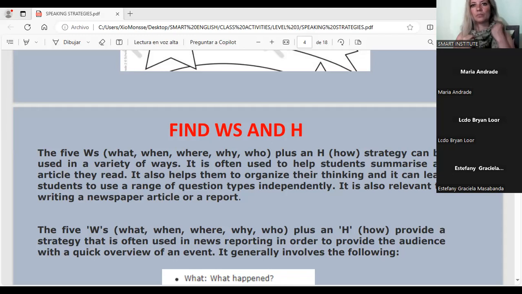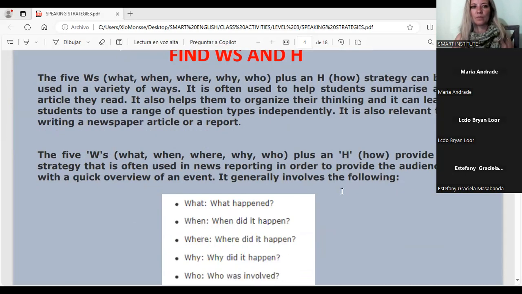It is also relevant to writing a newspaper article or a report. The five Ws plus an H provide a strategy that is often used in news reporting in order to provide the audience with a quick overview of an event.